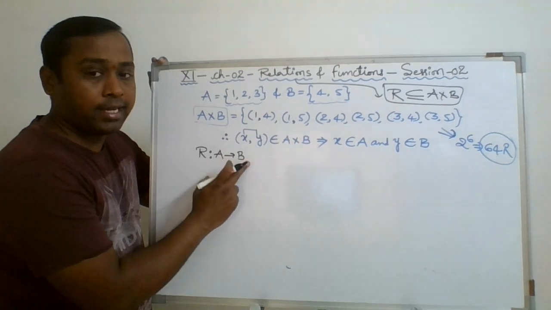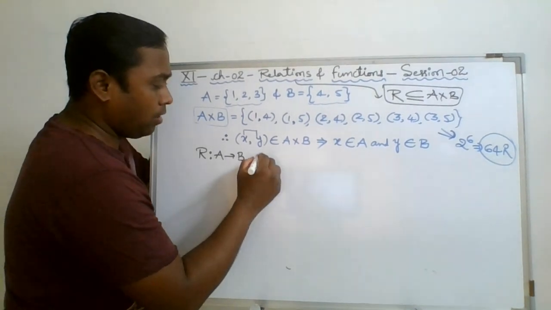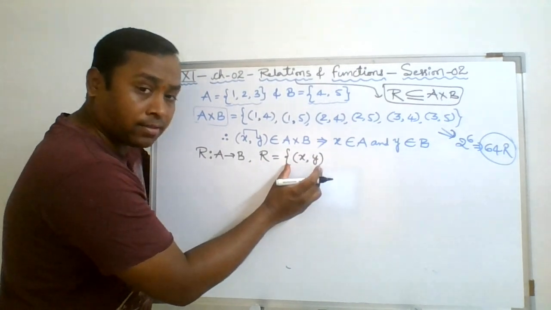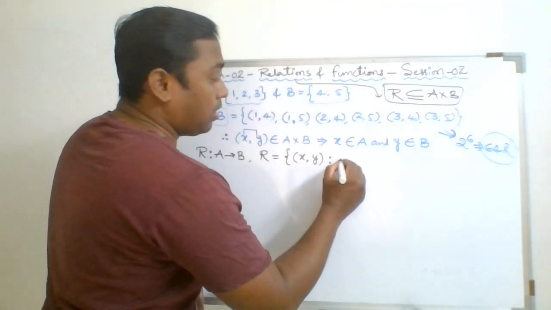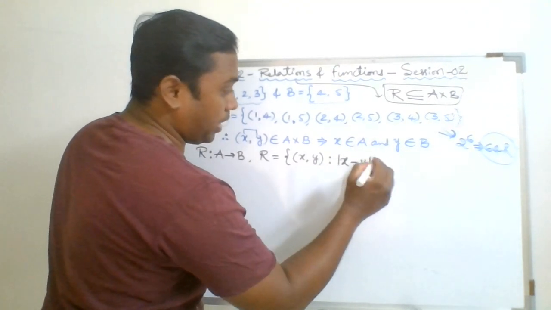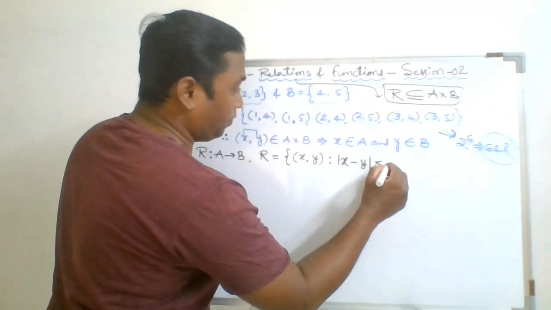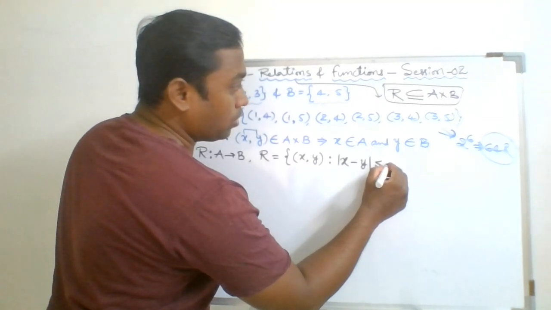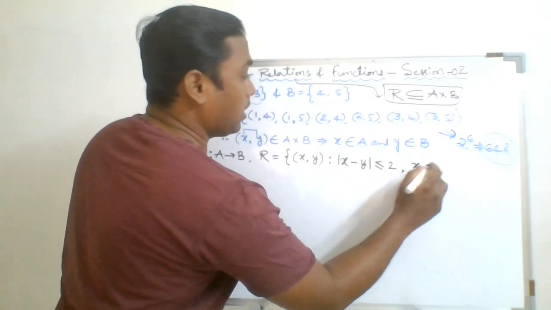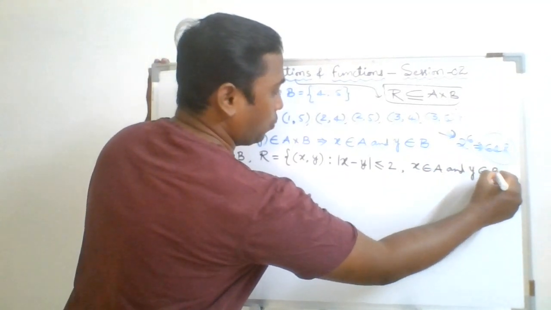Relation is from set A to set B. This is our way to show the relation, where R is equal to a set of ordered pairs, meaning the relation contains a set of ordered pairs such that the modulus of x minus y is less than or equal to 2, and x belongs to set A and y belongs to set B.